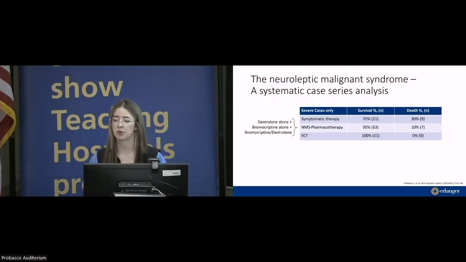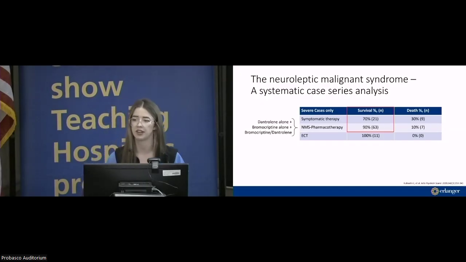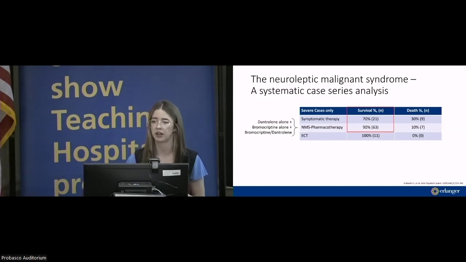This picture changes when we focus only on severe NMS cases. So among severe cases, survival with symptomatic therapy alone was about 70% compared to 90% in those who received NMS-directed pharmacotherapy and 100% in those who were treated with electroconvulsive therapy.